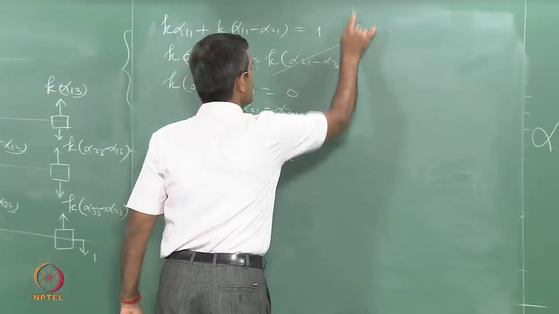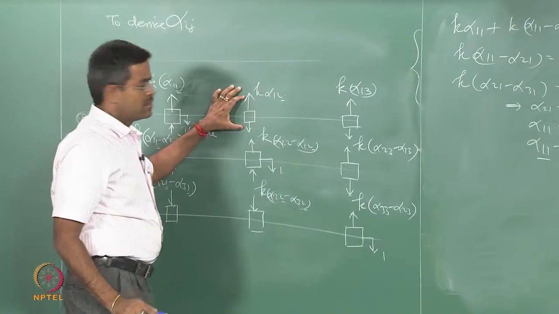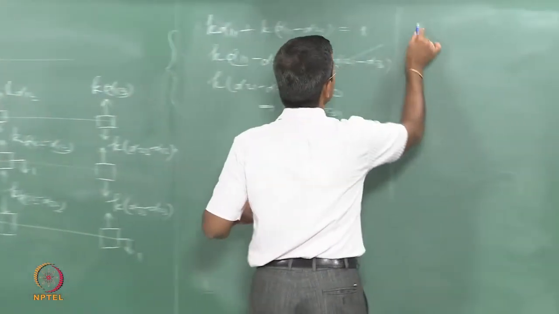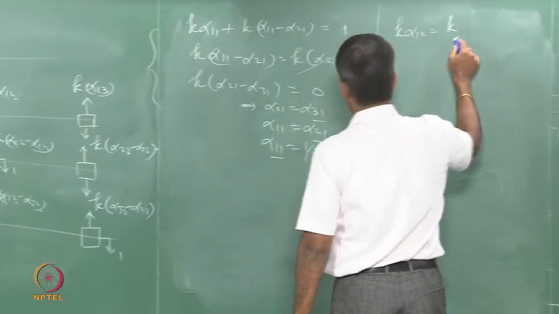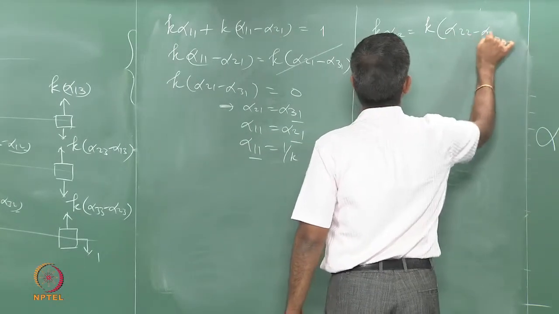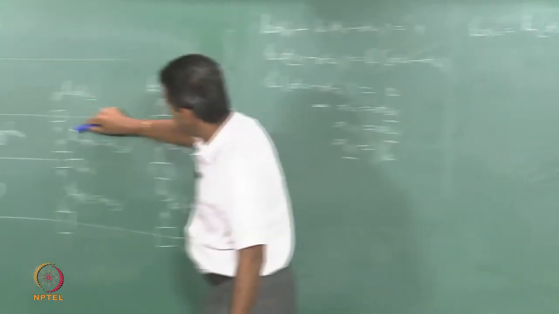Similarly, let us do it for the second one. Let us pick up here k alpha 1 2 should be equal to k alpha 2 2 minus 1 2. I am talking about these two.